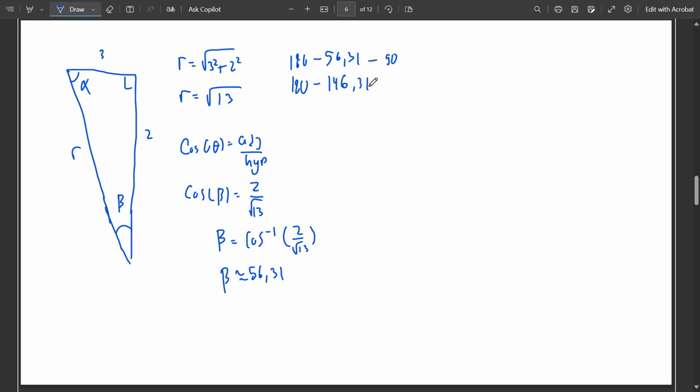Well, 180 minus 146.31 is equal to alpha, which is 33.69 degrees. Okay, nice. We found all our angles and our sides. Let's go to another question.